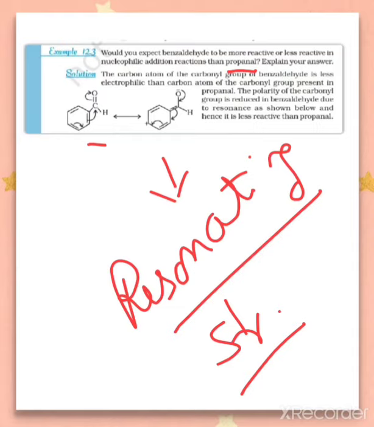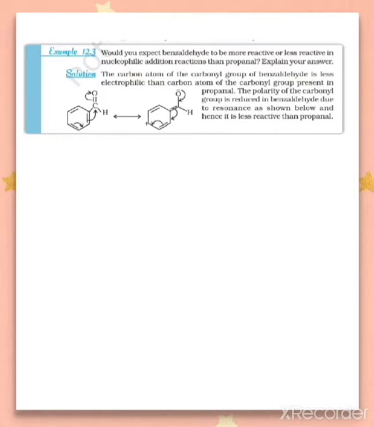So this is all about the important questions we have discussed here. A very important point, as I already told you: whenever there is a comparative question between aromatic and aliphatic compounds, like here, it is a comparison between the aromatic benzaldehyde and the aliphatic propanal.